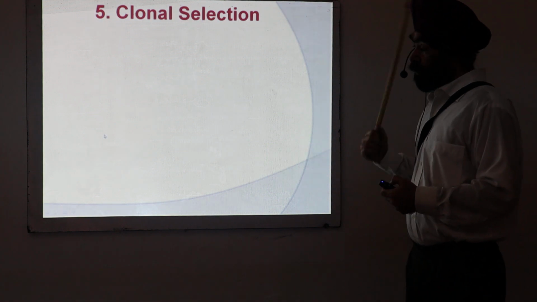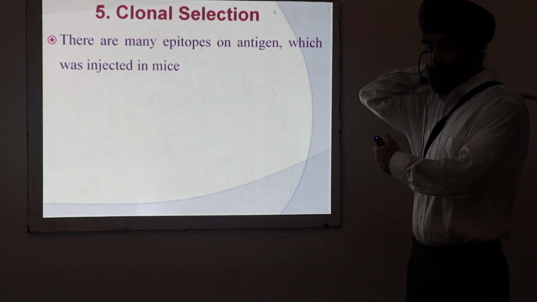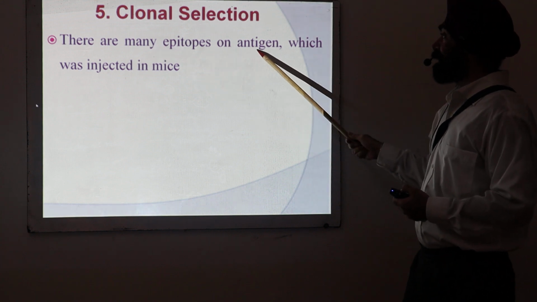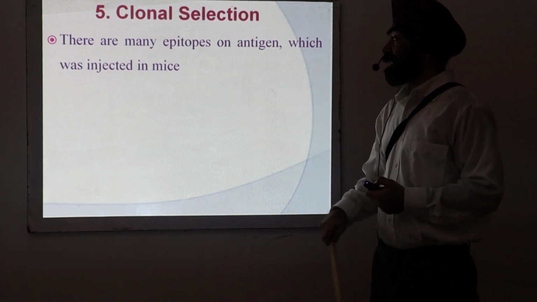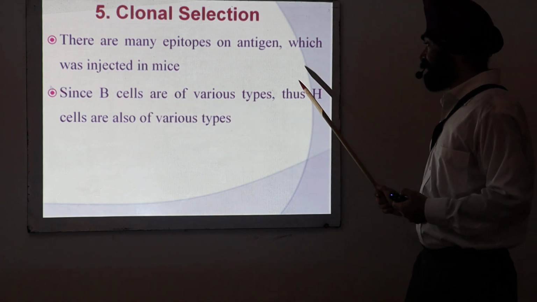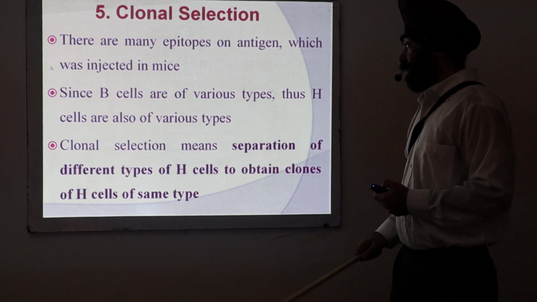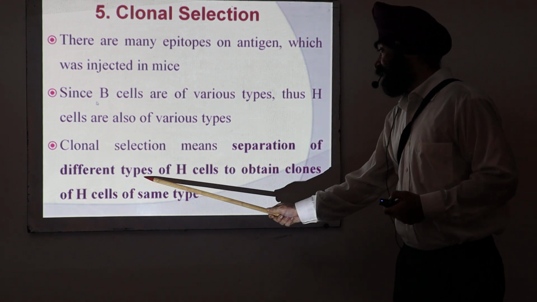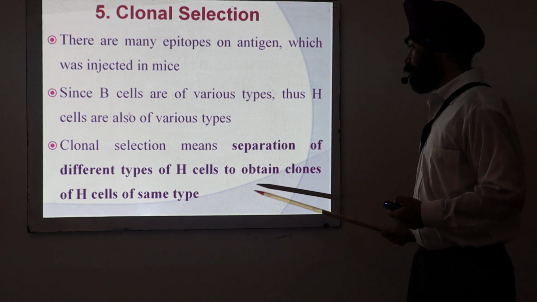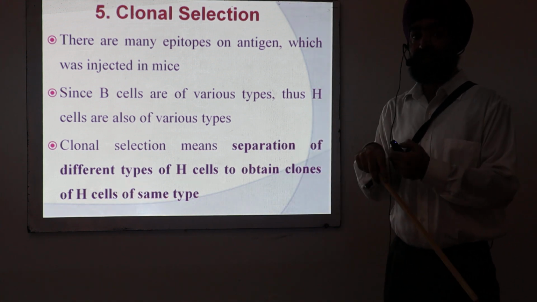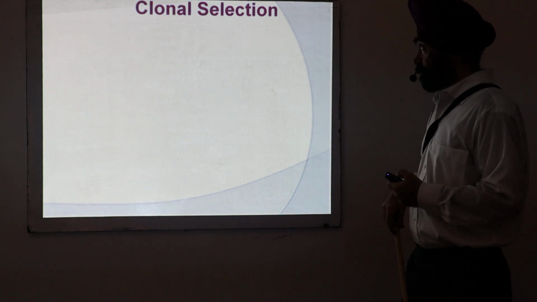I am explaining with the help of a written method. There were many epitopes on the antigens which were injected in the mice. Since B cells are of various types, H cells are of various types. Clonal selection means separation of different kinds of H cells to obtain clones of H cells of the same type.